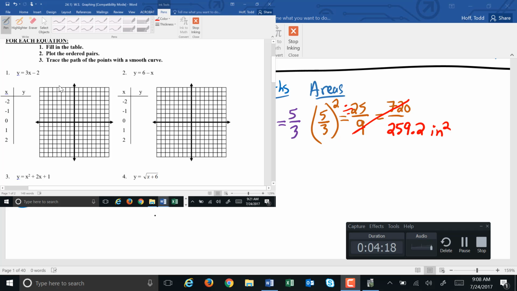Number 1 here, y equals 3x minus 2. Looks something like this. Second one, y equals 6 minus x. Looks something like that.